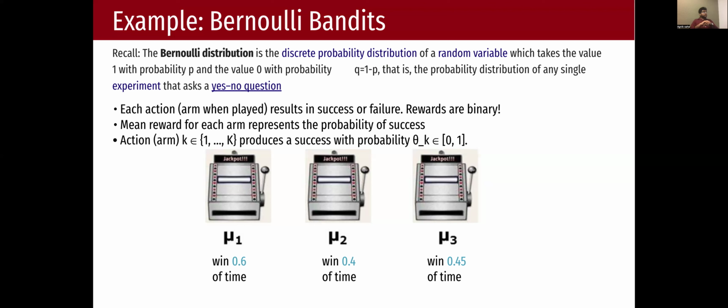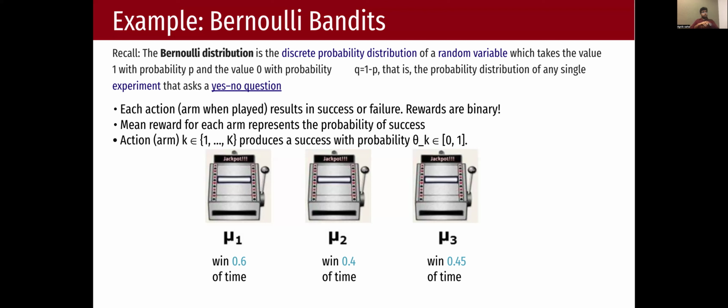So just think, what should be the objective of Bernoulli bandits? What is the objective of reinforcement learning? If you can recall, in the first module I said the objective is to maximize the rewards.